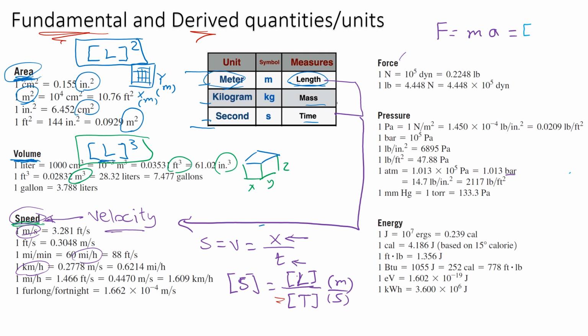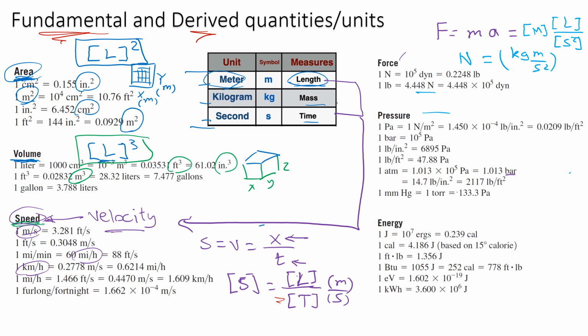So we have the mass quantity, and the acceleration has dimension of length over time squared, and the unit will be kilogram meter per second squared. The unit of the force is Newton, after Isaac Newton, as we know.